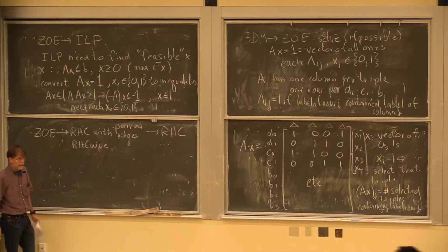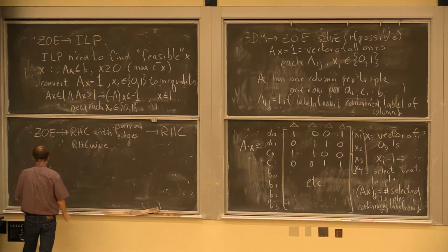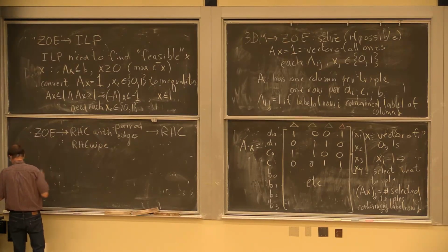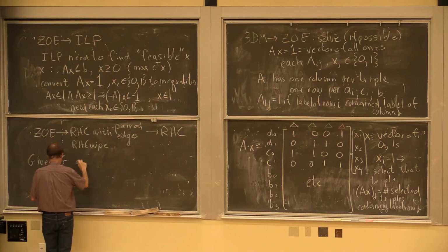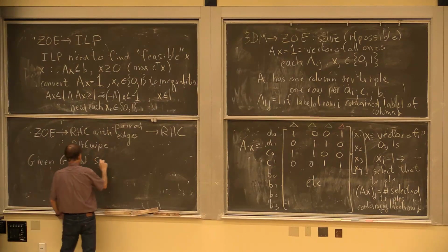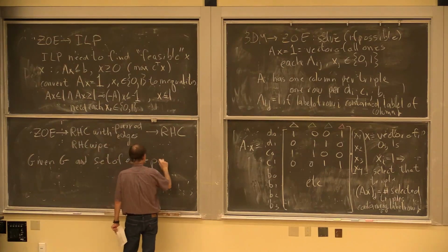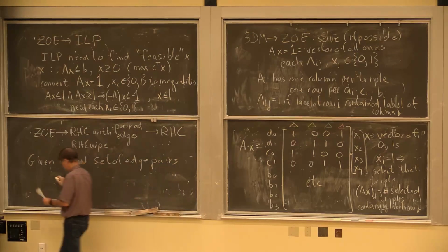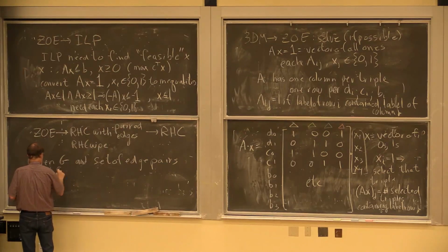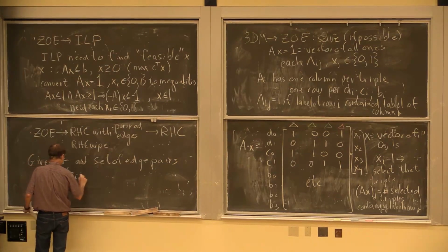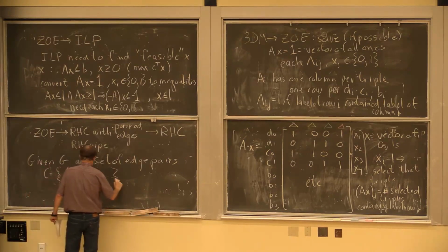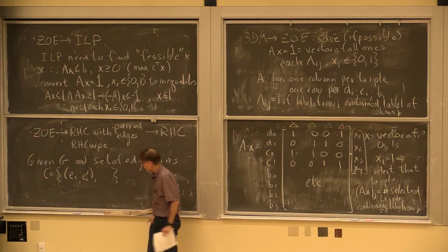Okay, so that's going to be my intermediate step. So what is this problem? So I'm given a graph, the usual input for Hamiltonian cycle, and a set of edge pairs. Okay, so some finite list of pairs.